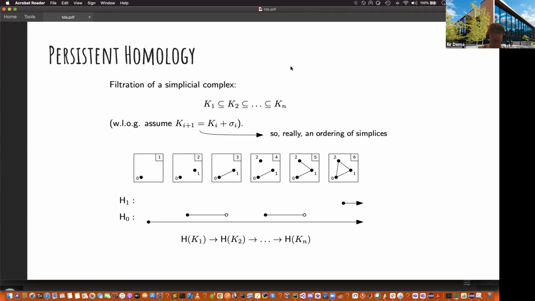In the next step, another data point appears. That's another simplex of dimension 0. The first simplicial complex, which has just one point, is very humble, very simple, and is a subset of the second simplicial complex, just by virtue of inclusion.